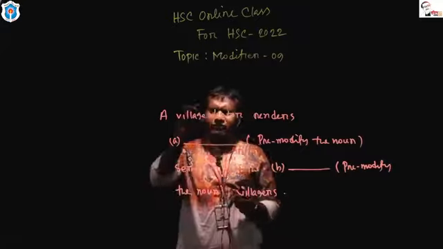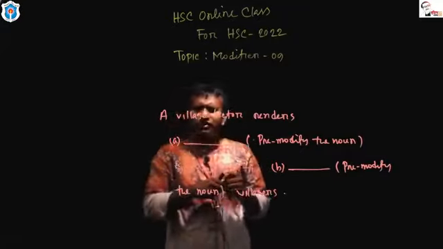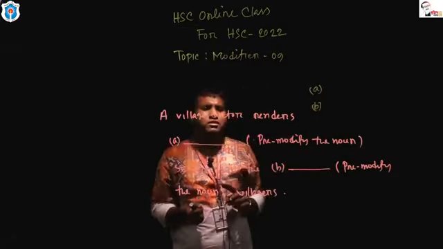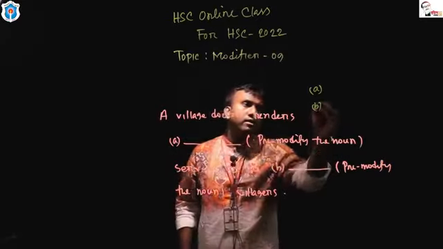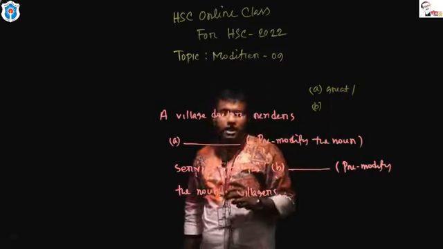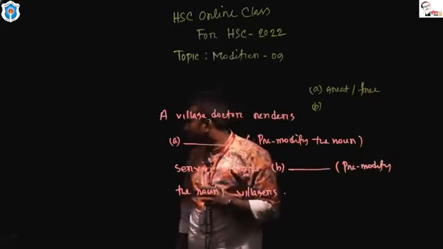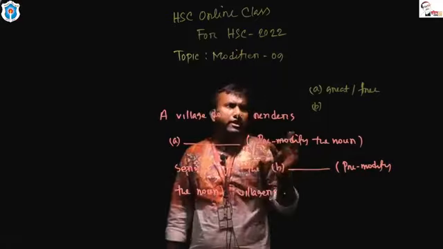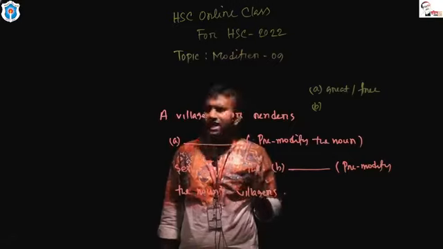Look at please. A village doctor renders. If I write for question number A and B, a village doctor renders great service, or free service, you can write a lot of examples, to the dash villagers.